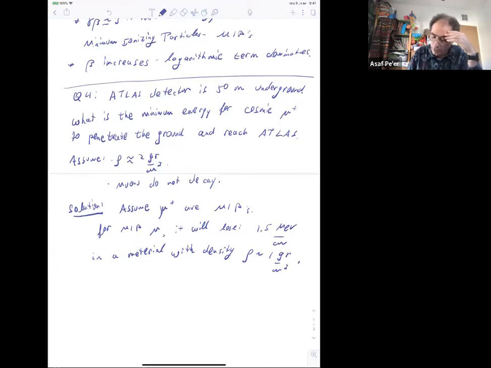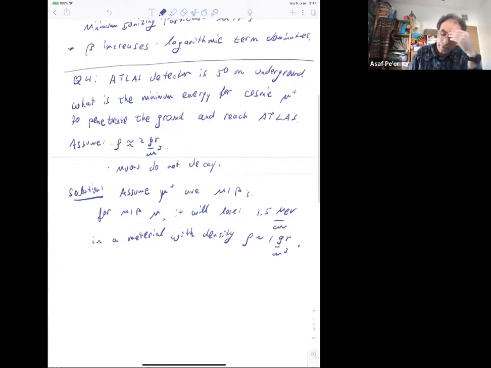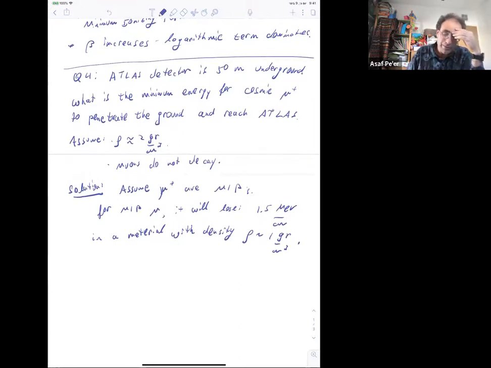Now, for the rocket we have, the density is double. So that means it's going to lose something like 3 MeV per centimeter.